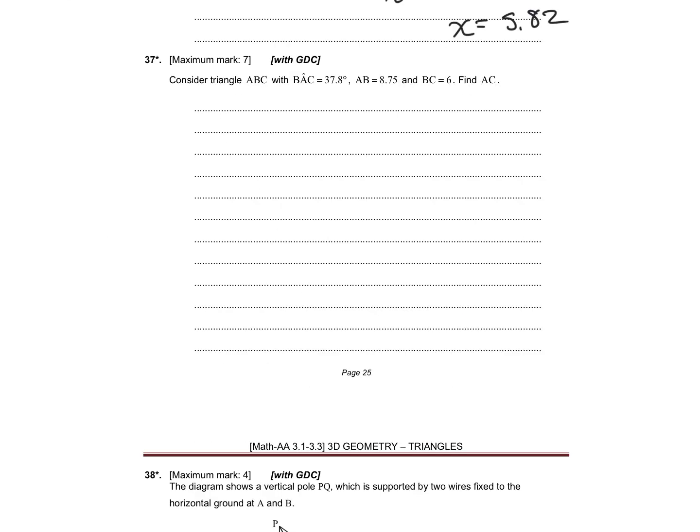All right, for 37, we've got triangle ABC and angle BAC is 37.8. AB is 8.75, and BC is 6. Find AC.